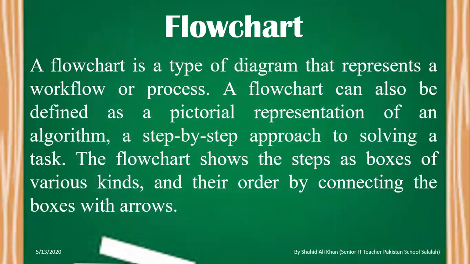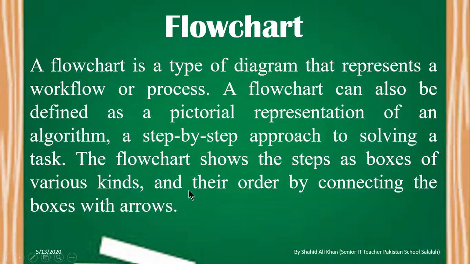Algorithm means to define problem step by step. If you are going to solve any kind of problem in any programming language, so first of all you will define its algorithm. After that you have to draw the flowchart of that algorithm. So algorithm is a step by step approach to solving a task. The flowchart shows the step as boxes of various kinds.